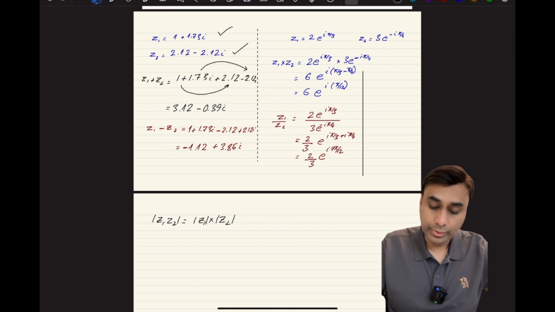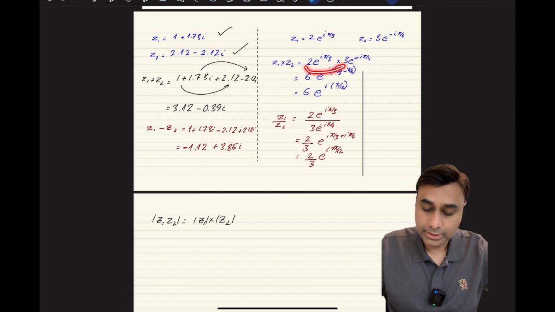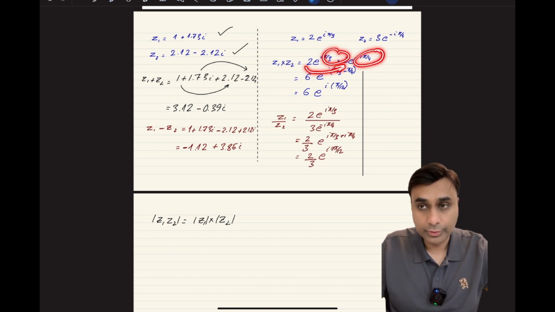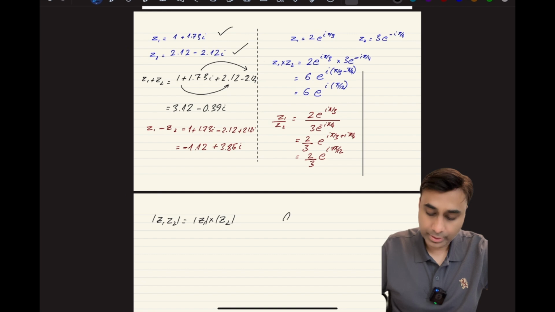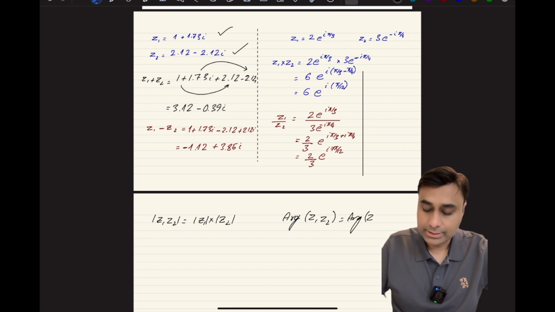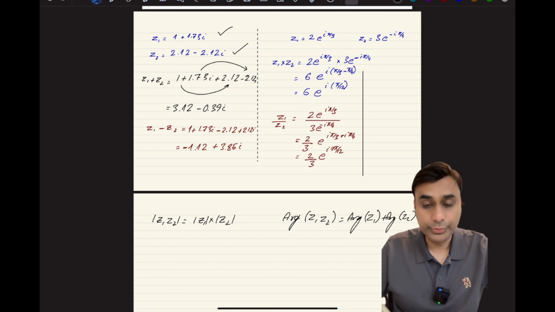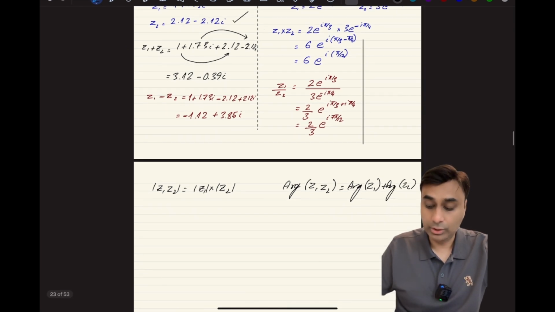And if you notice, their moduli are being multiplied, but their arguments are being added. They're added with their own signs. That's why, because one was negative, it got subtracted, but actually you added them up. So you can get yourself a formula saying that argument of z1 z2 is equal to argument of z1 plus argument of z2. So you will use this information to solve a lot of questions.